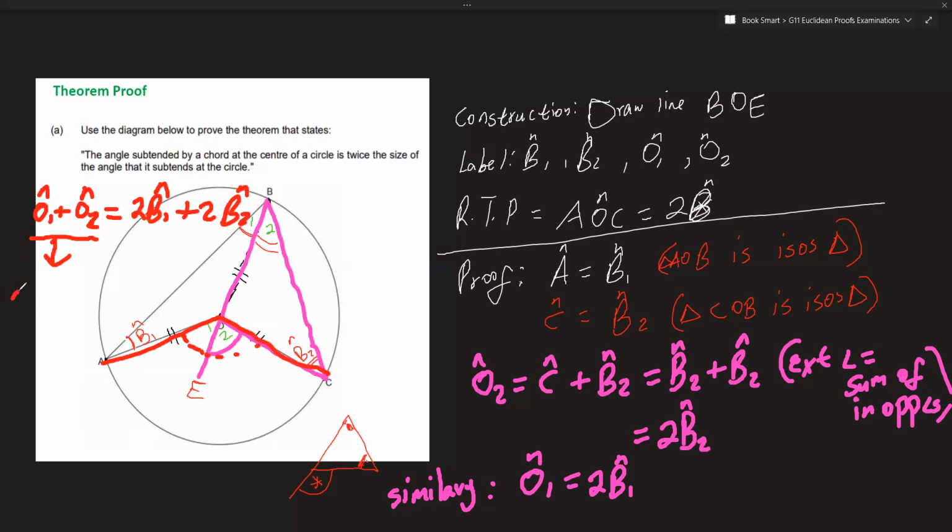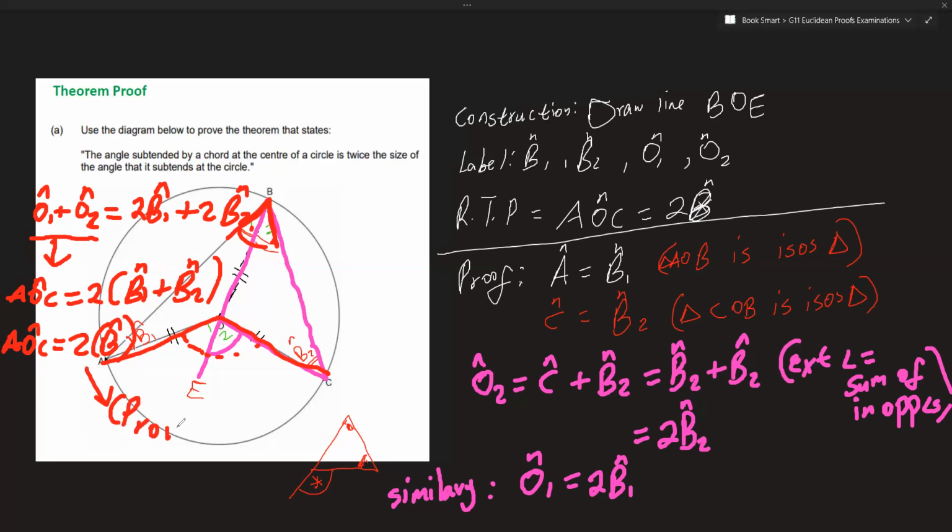So AOC equals, there's a common factor of 2, so I can take it out: 2 times angle B1 plus angle B2. And then AOC equals 2, remember, B1 plus B2 gives you the whole of angle B. When you add this and that, you get the whole of angle B, which is there. Then your reason will be proven. And then you're done with this theorem. Thank you very much, ladies and gentlemen.